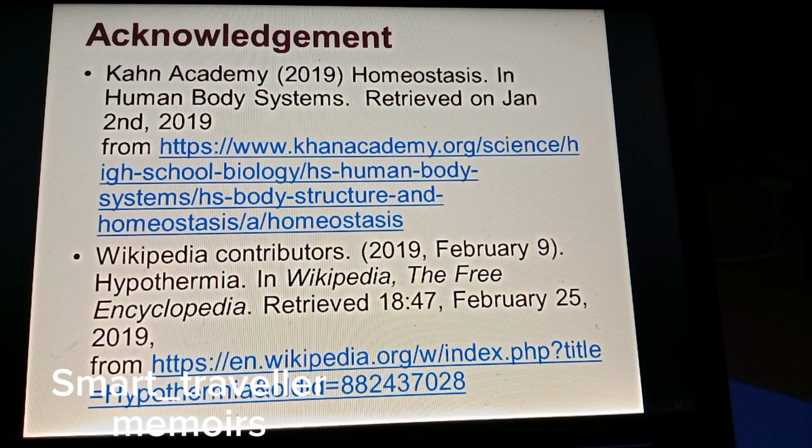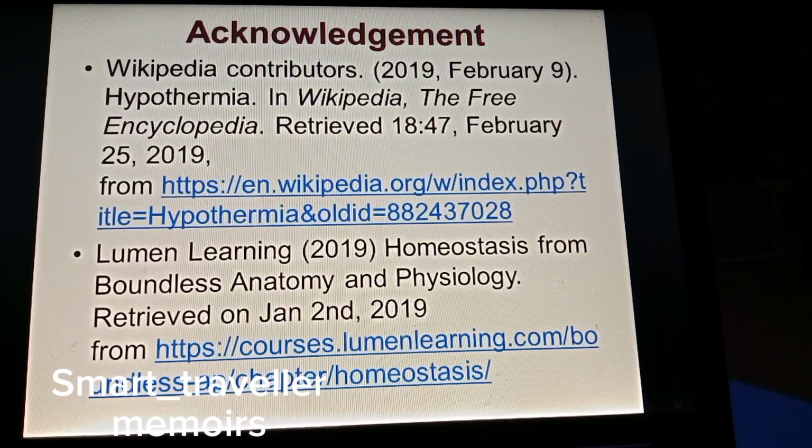Wikipedia contributors, 2019, February 9, Hypothermia, in Wikipedia, the free encyclopedia, retrieved February 25, 2019. Wikipedia contributors, 2019, Hypothermia, in Wikipedia, the free encyclopedia.